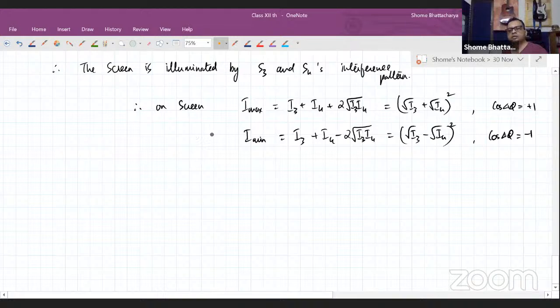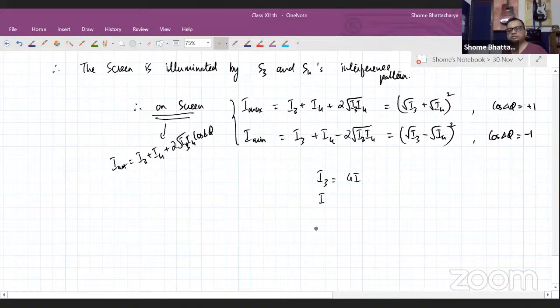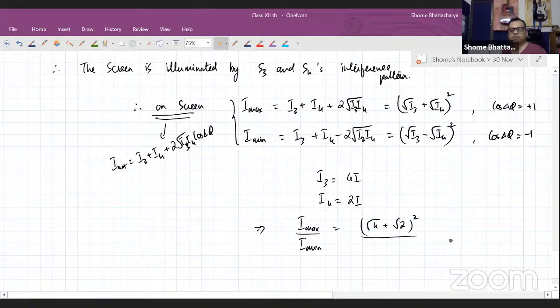Okay. This is because on the screen the net intensity at any point is given by this. So now we had seen that I3 was 4i and I4 was 2i. Therefore, ratio of I max to I minimum is simply going to be square root of 4 plus square root of 2 whole square plus square root of 4 minus square root of 2 whole square.